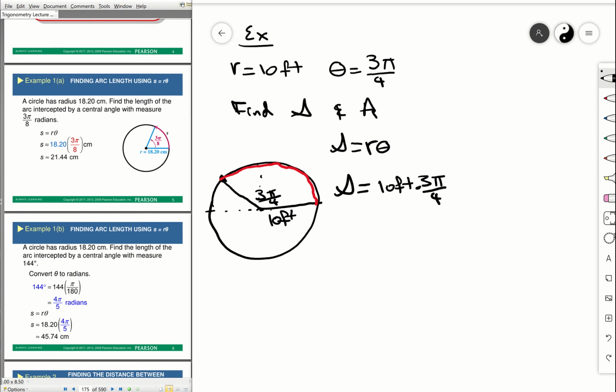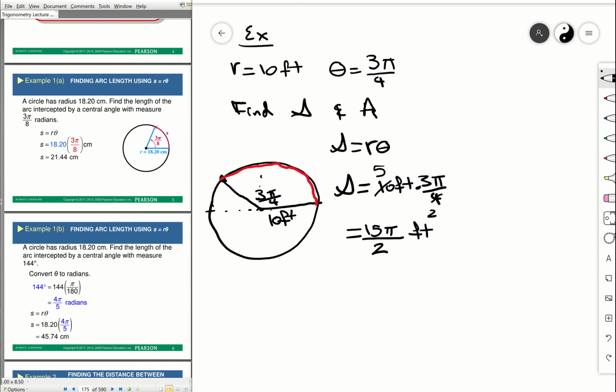So now we're going to proceed, and notice here we can do some cross canceling. The 10 and the 4 leave us 5 on the top, 2 on the bottom. So we end up with 15 pi over 2 feet.